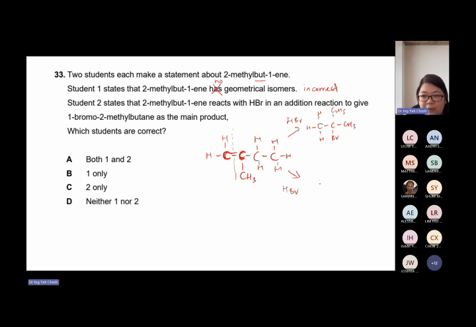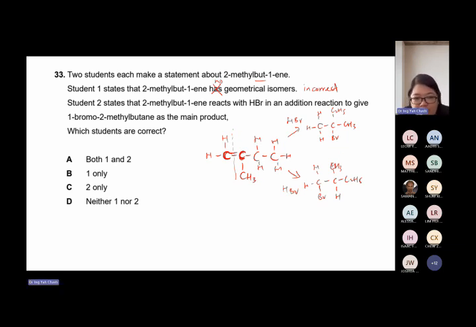Another product will have H bonded to the carbon on the right of the double bond, and Br bonded to the carbon on the left. Hold on, wrong, CH3, C2H5. So 2 different products. Now, which is the main or major product?